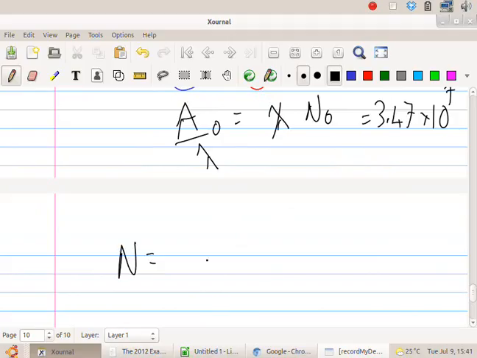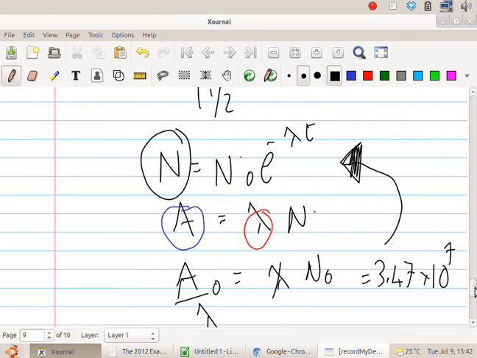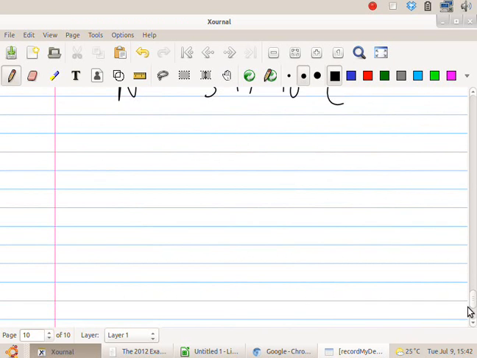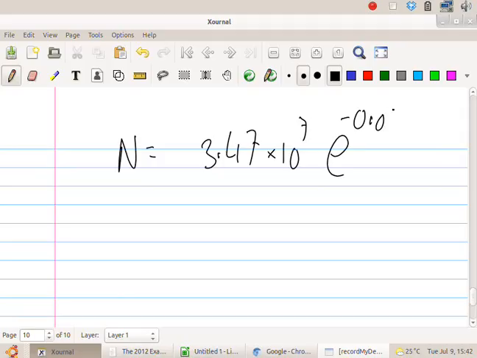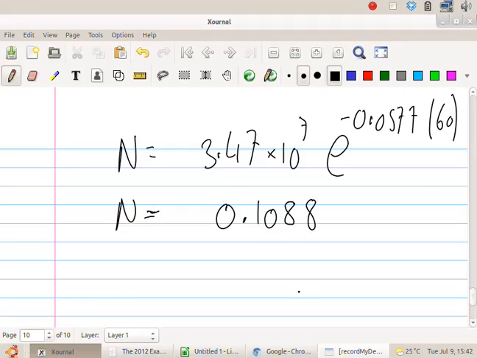N equals N0 times e to the power of minus lambda times t, and t is 60. That gives 0.108 times 10 to the power 7.